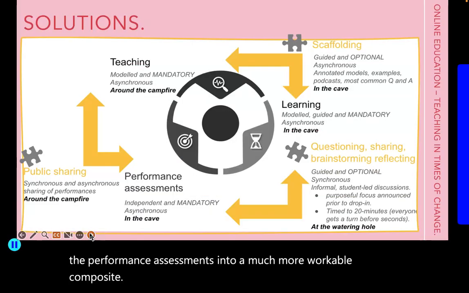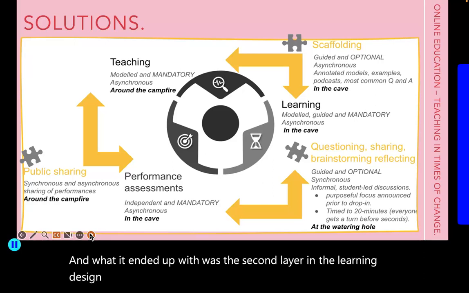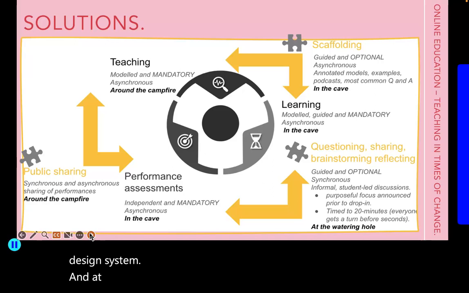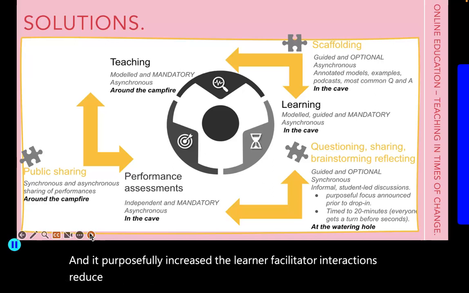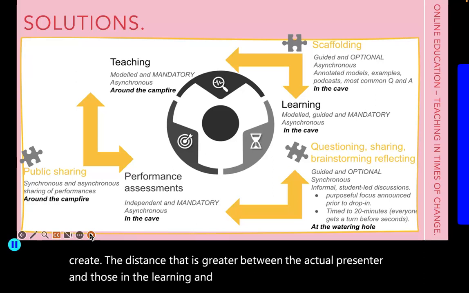What it ended up with was this second layer in the learning design system. It purposefully increased the learner-facilitator interactions, reducing the transactional distance that e-learning can often create, the distance that is greater between the presenter and those in the learning, and particularly with other learners.